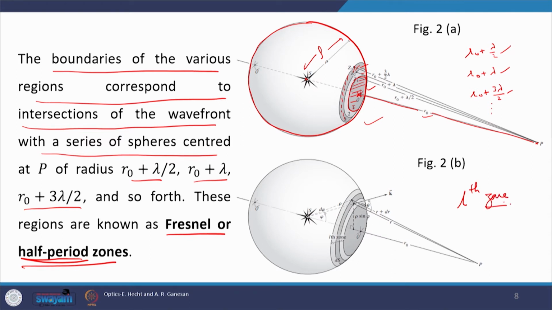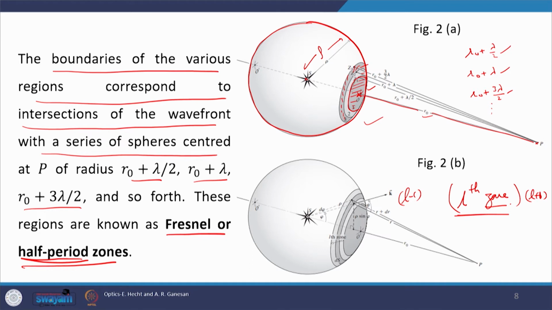Now, the lth zone is situated between the (l minus 1)th zone and the (l plus 1)th zone. It is in between these two zones.